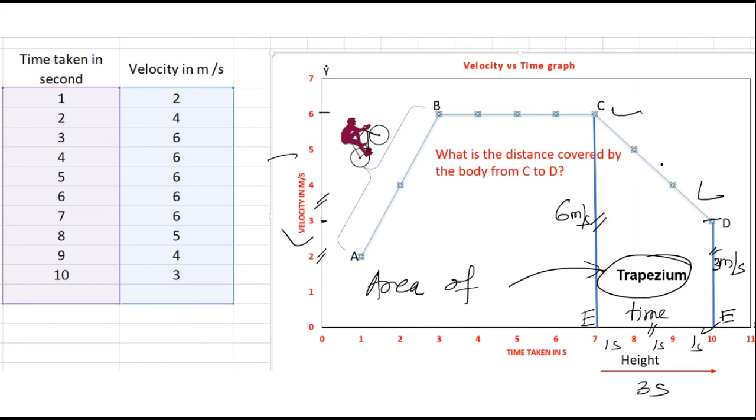How much is the total distance covered by the body from C to D? Now the second question is, what is the total distance covered by this moving body from A till here, D, right?